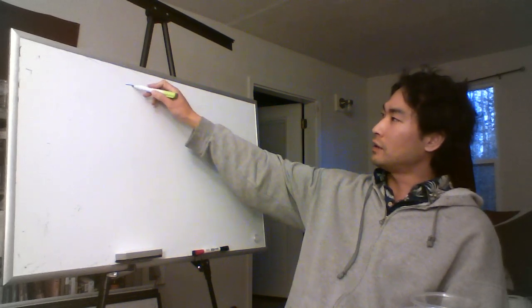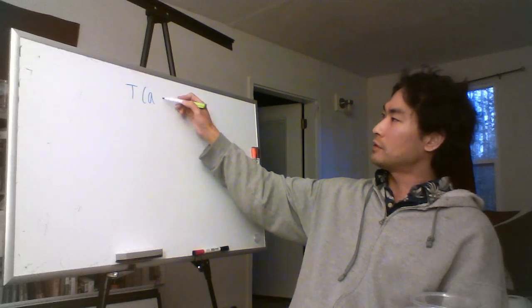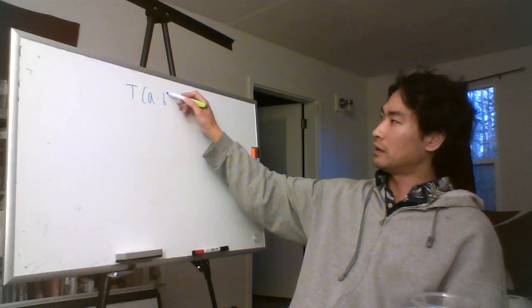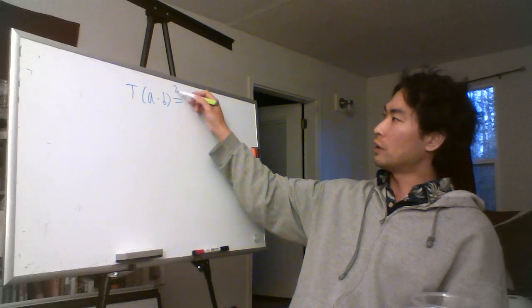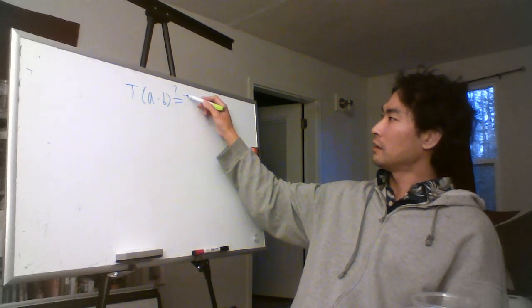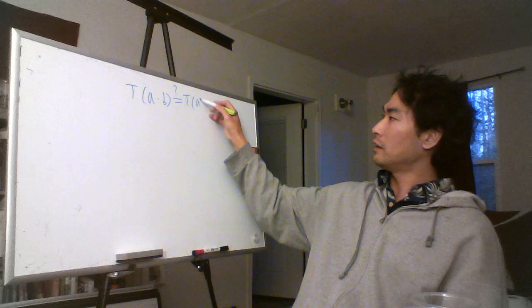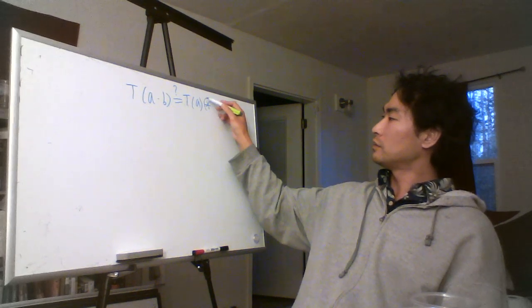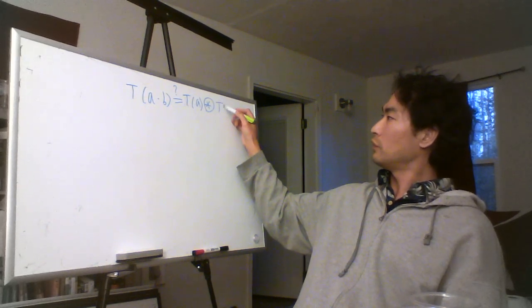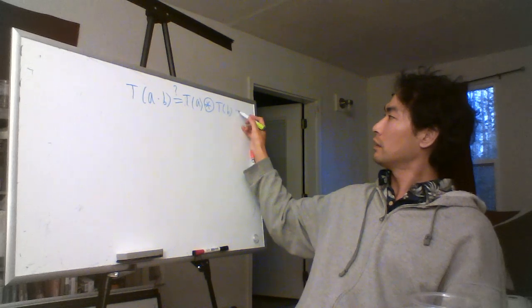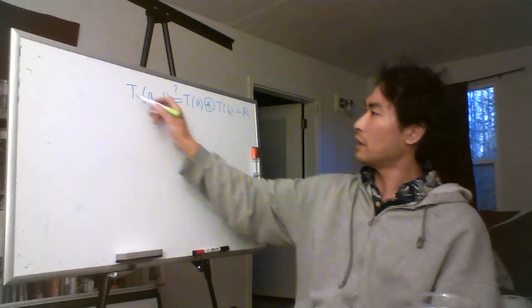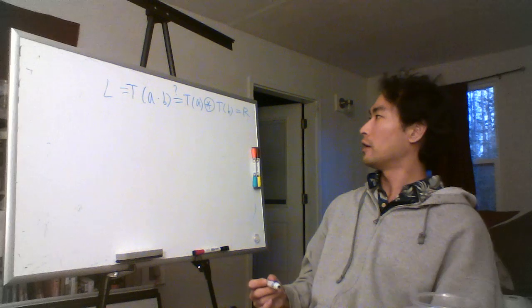Okay, so T of a times b, is it equal to T of a strict union T of b? This is the left hand side, this is the right hand side.